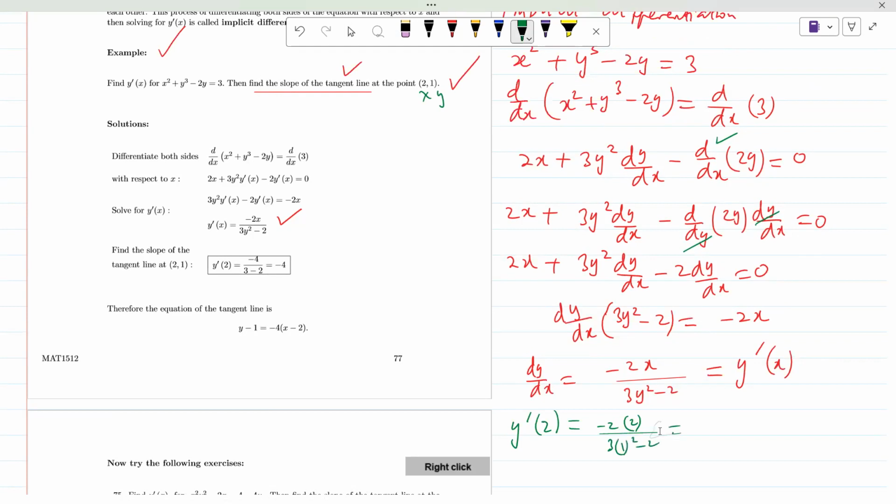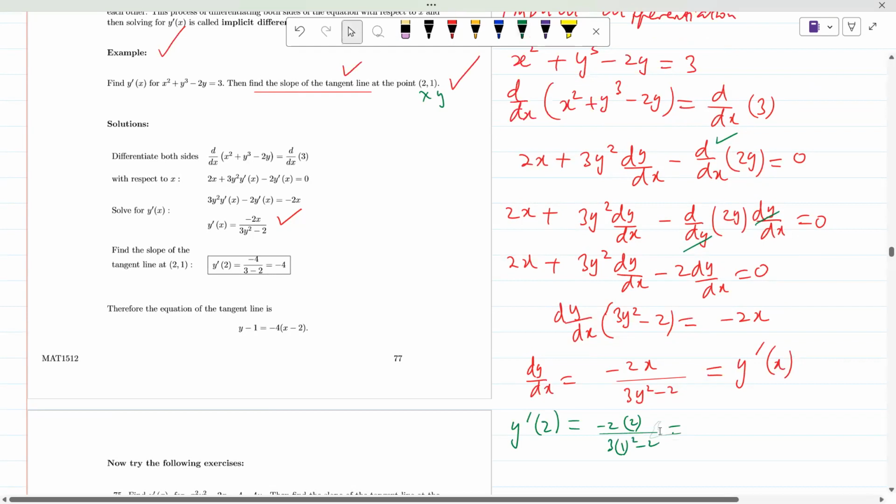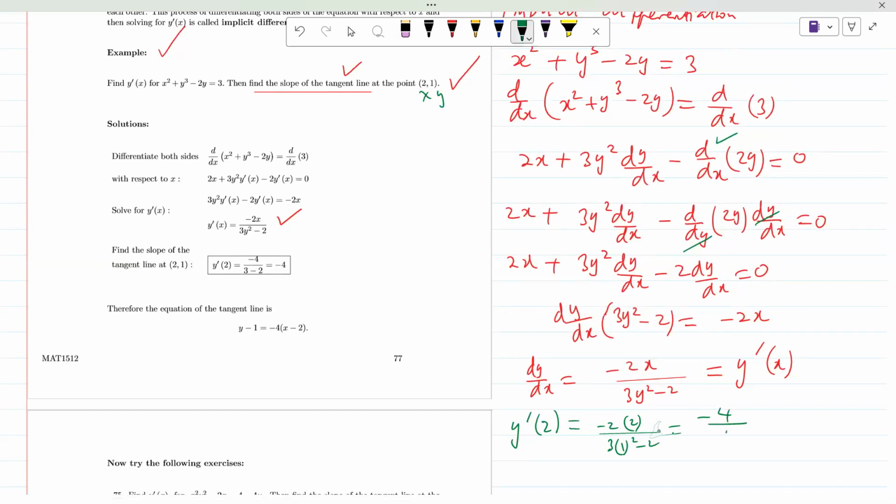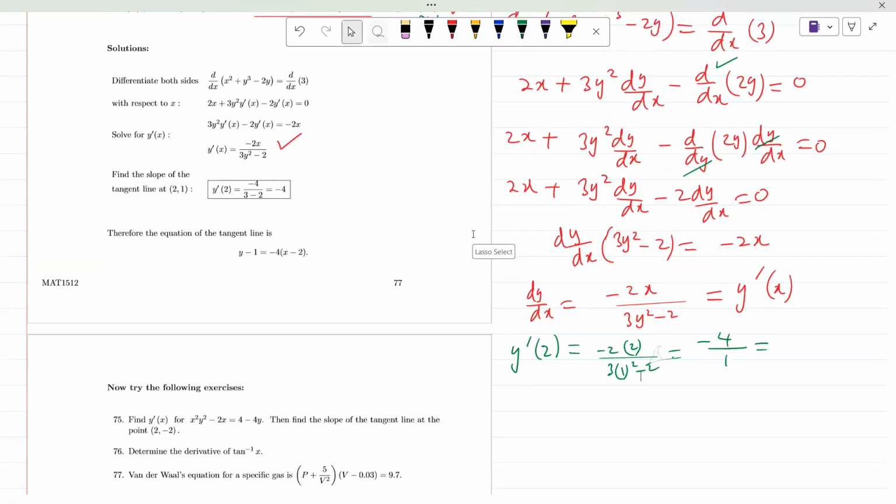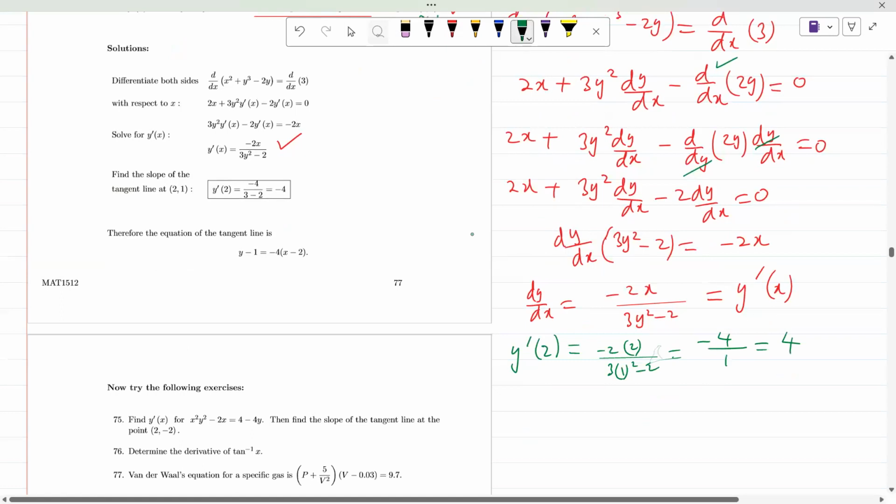As a consequence, the numerator is exactly minus 4. You divide by 1, because it's 3 minus 2 in the denominator of the expression. And therefore, the result is minus 4, which is exactly what they got.